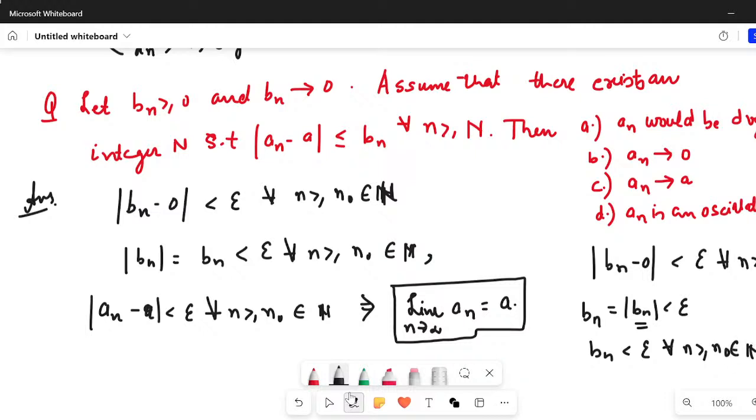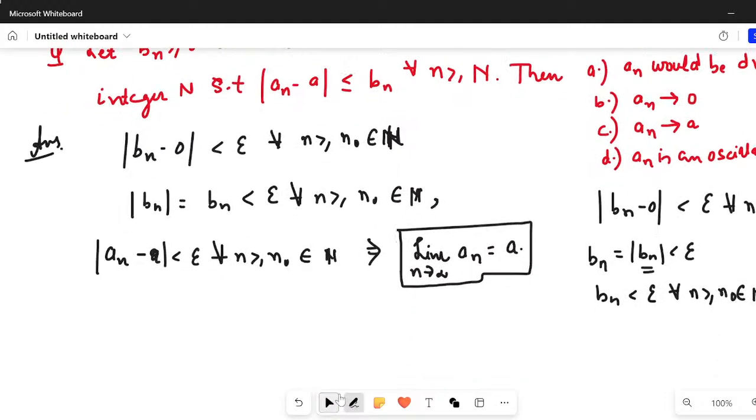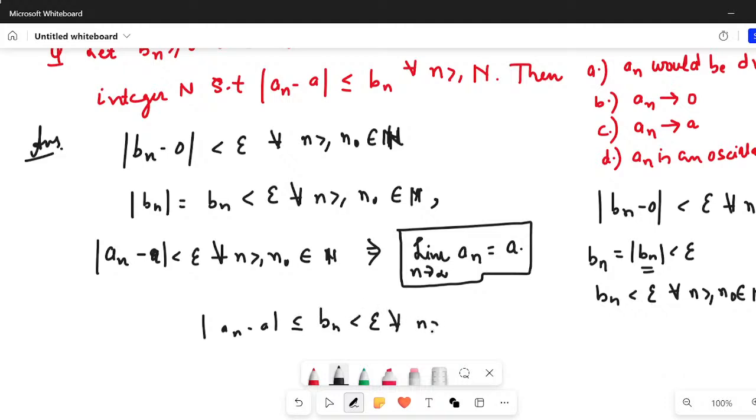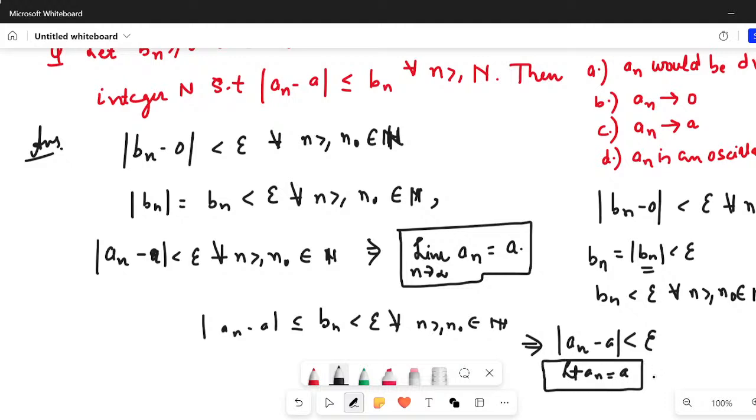By this inequality, |an minus a|, since it is less than or equal to bn and bn can be made less than epsilon for all n greater than or equal to n naught, it implies that the limit of an is equal to a. I hope it is clear.